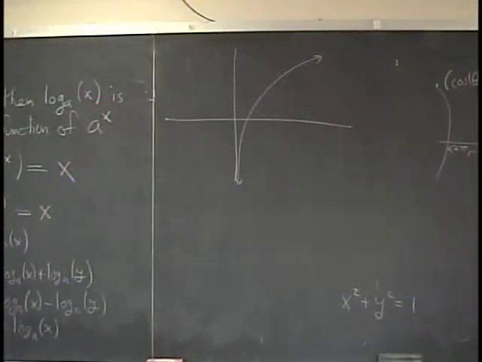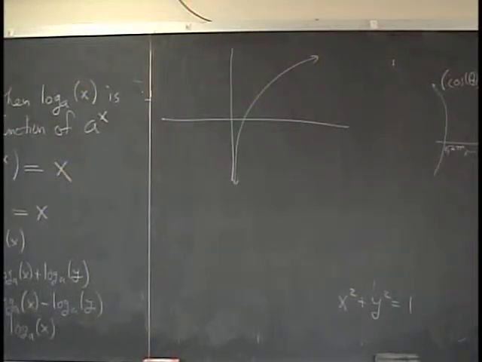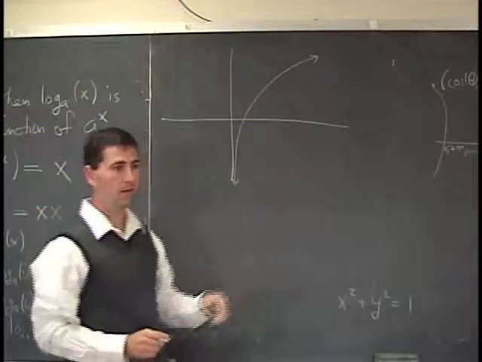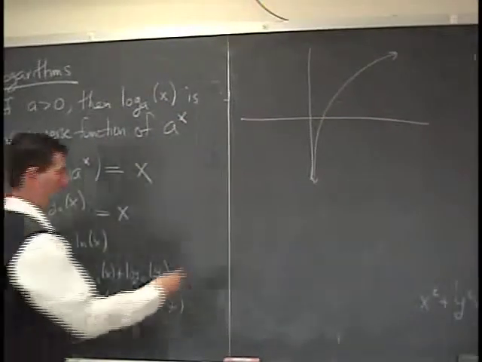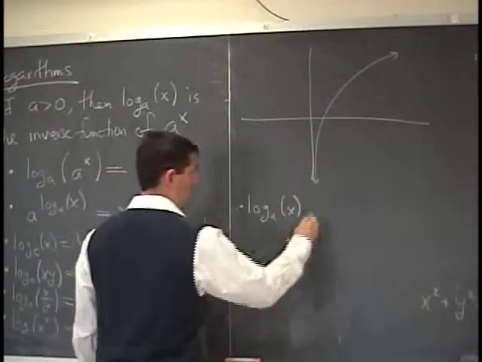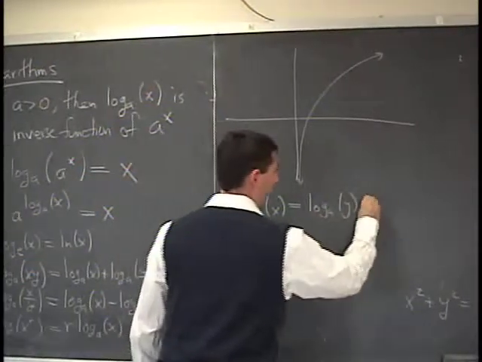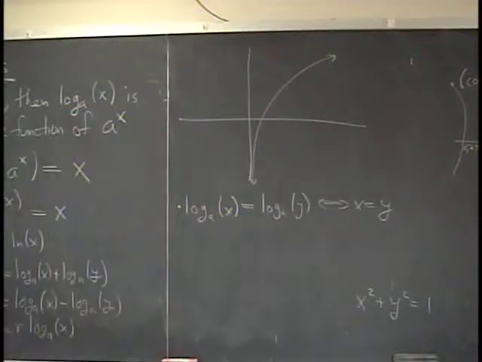Is that a one-to-one function? Absolutely. You get no repeats. Cool. So we should be able to write down the same thing. We do. If log of x equals log of y, this is the same as saying that x was equal to y.